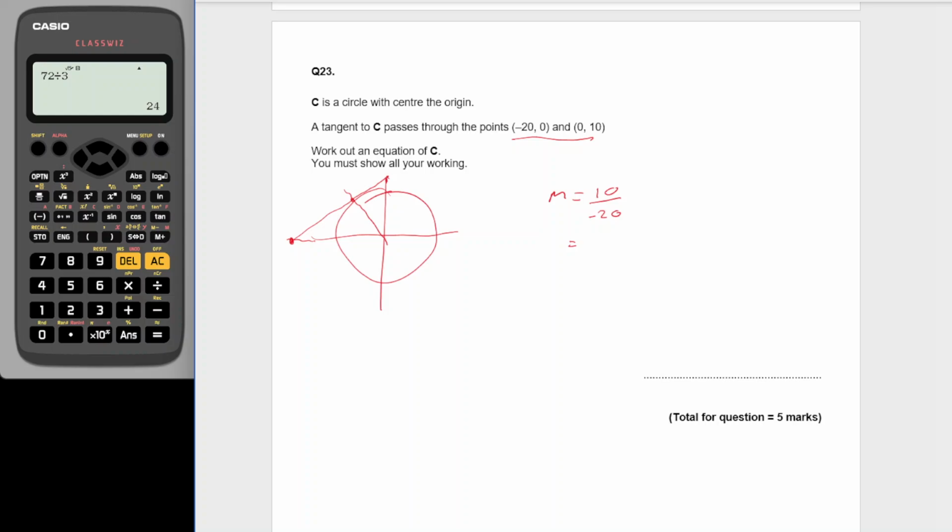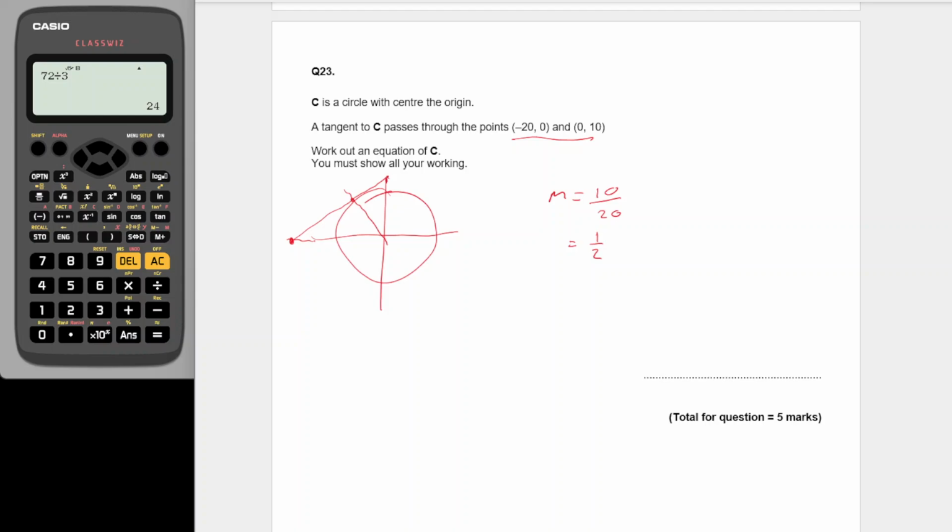So the gradient, it's going to be 20. So the gradient of that line will be a half. So if we want then, we've got the gradient of this line.